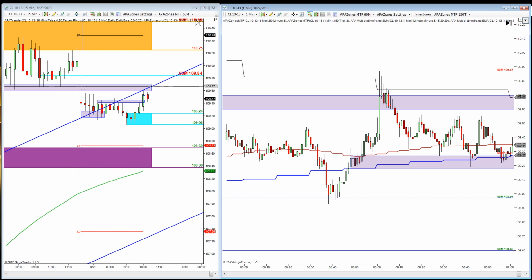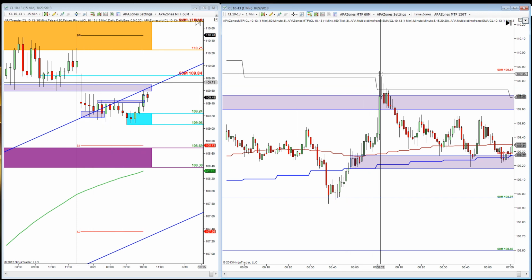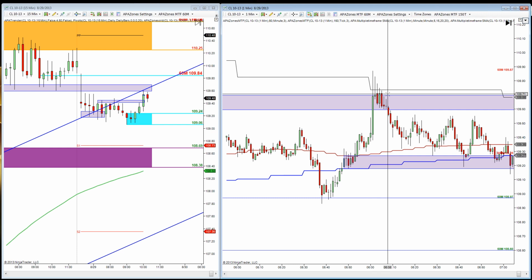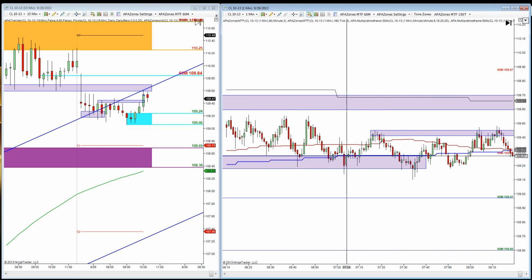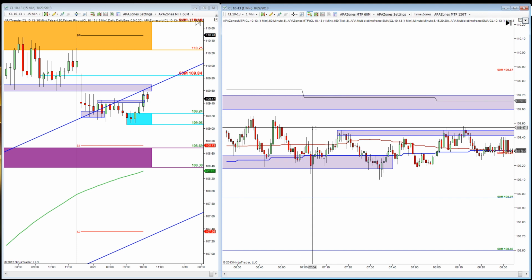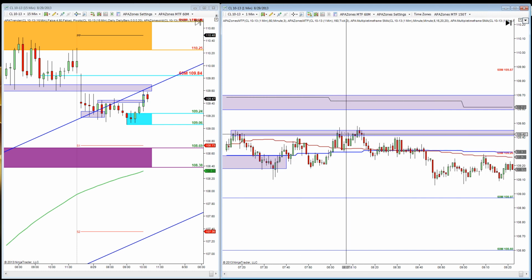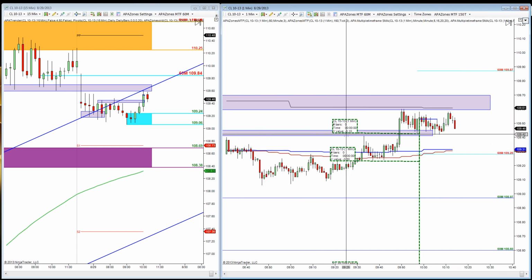So they really wanted to go down. So ever since that happened at the beginning of the day, I was thinking, okay, let's get short. But then once it started ranging in between, like there's 250 tick zones for a good amount of time, I was like, it's just another range day, and I don't really like that so much.